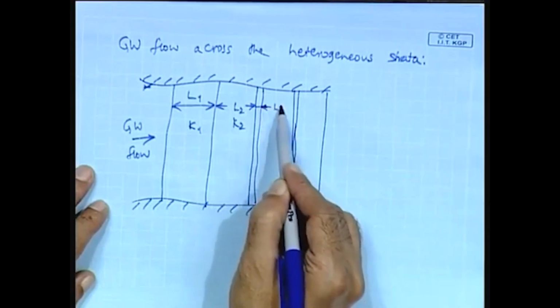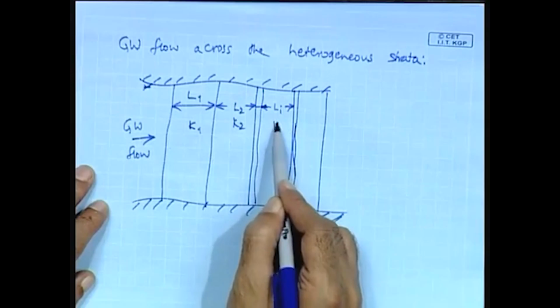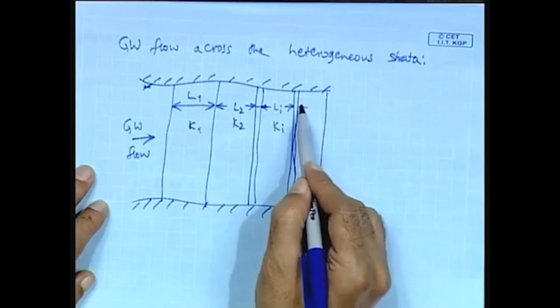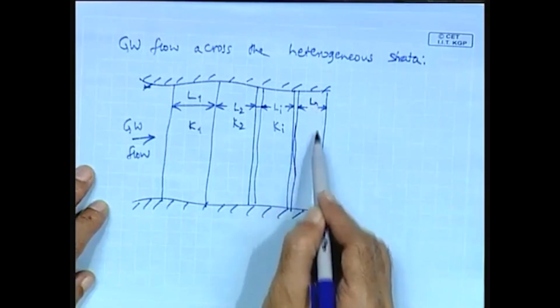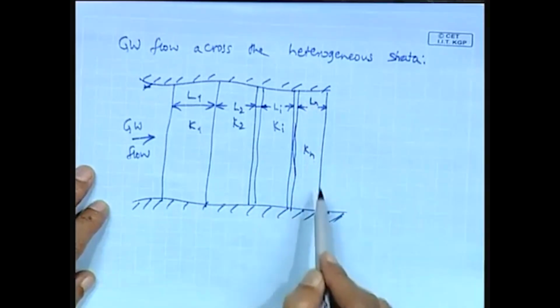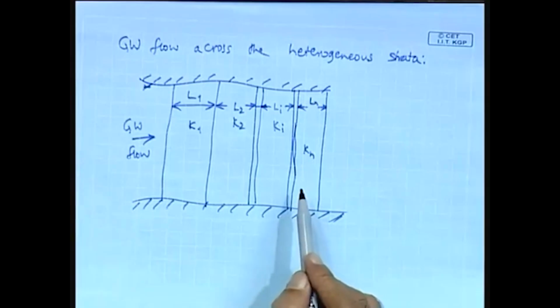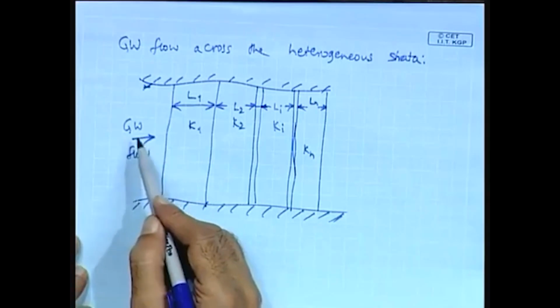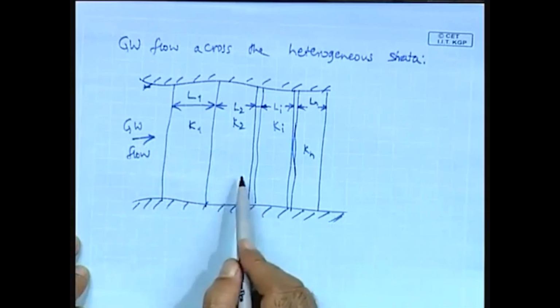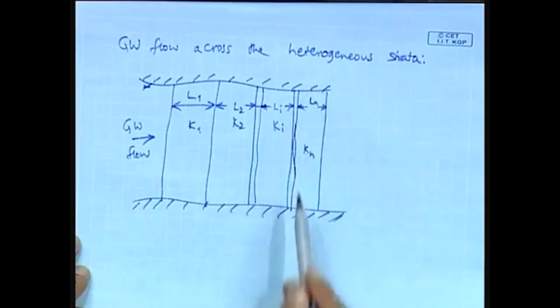Say this is Li, the hydraulic conductivity Ki, and lastly this is Ln with the hydraulic conductivity Kn. Okay. So, in this case the groundwater flow is perpendicular or across the heterogeneous layers.